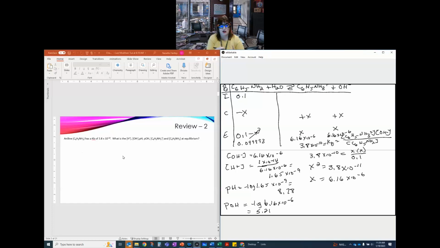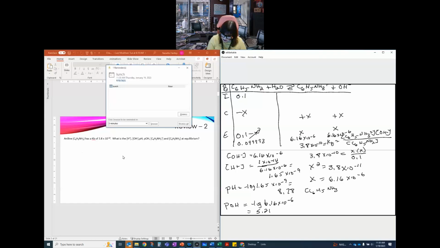So those are the values that they asked me for there in terms of the H plus, the OH minus, the pH, the pOH. Now they want to know about the C6H5NH3 plus. That's 6.1 times 10 to the minus 6. Okay, so my C6H5NH3 plus is equal to 6.16 times 10 to the minus 6.